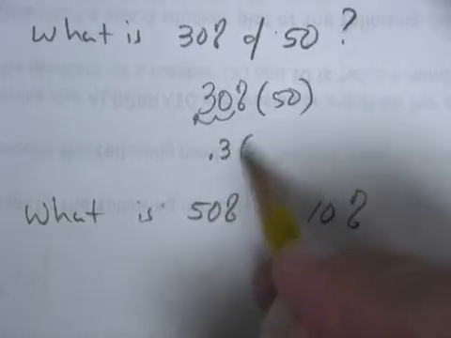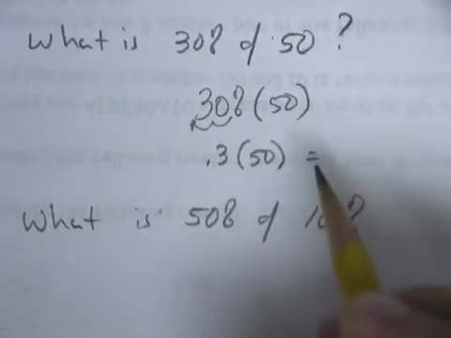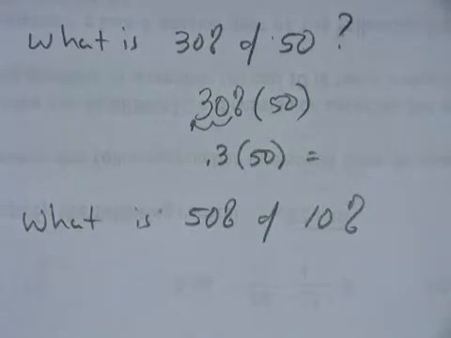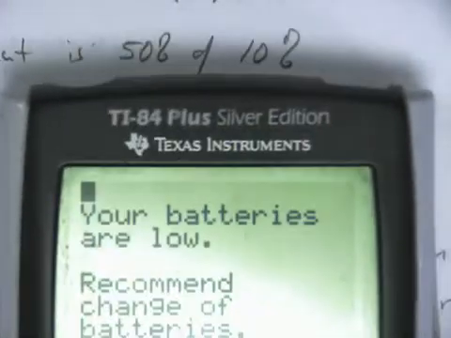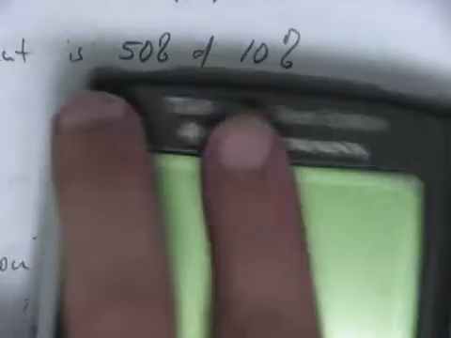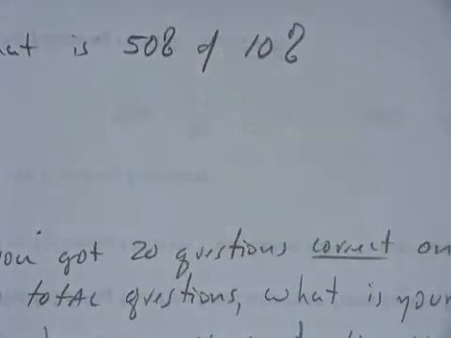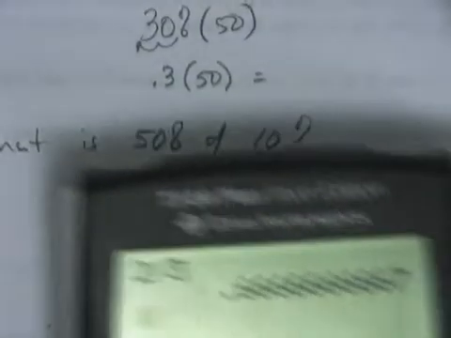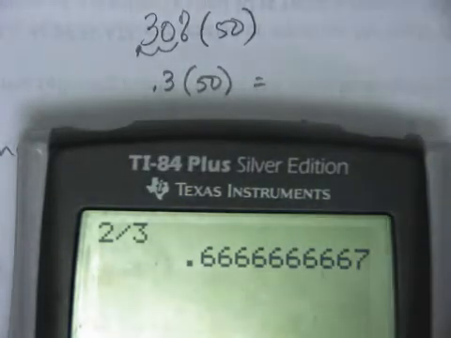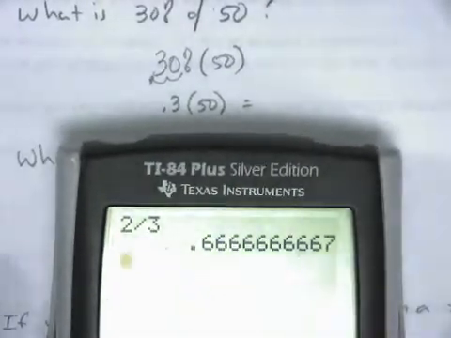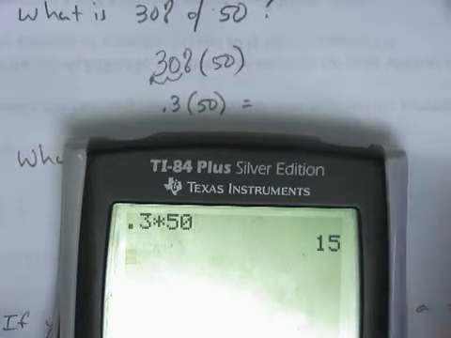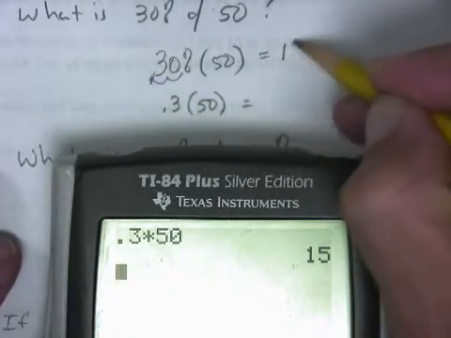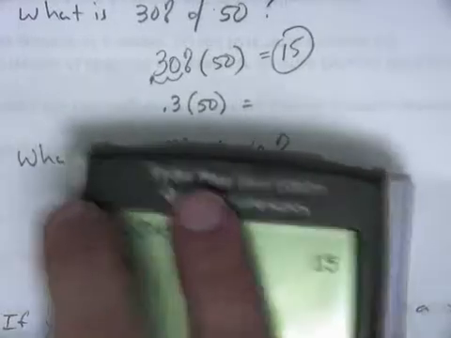So it's 0.3 times 50. So 0.3 times 50, plug that into my calculator. My batteries are low. Let's see if I can find a different calculator. So 0.3 times 50, and there it is. The answer would be 15.